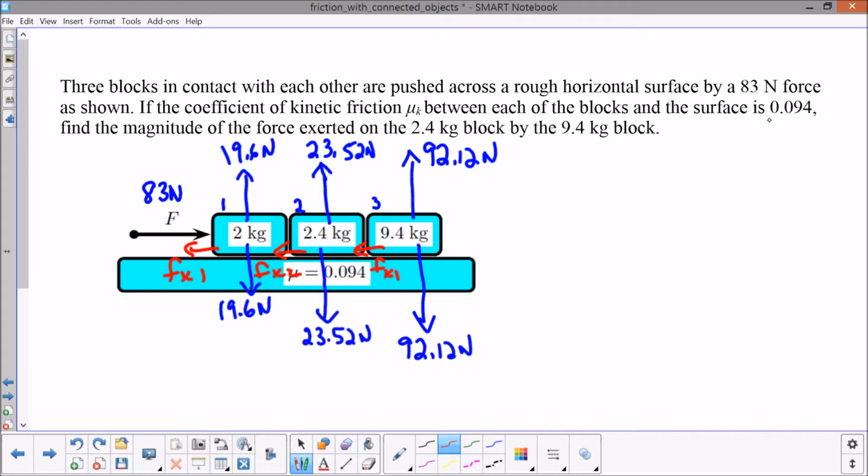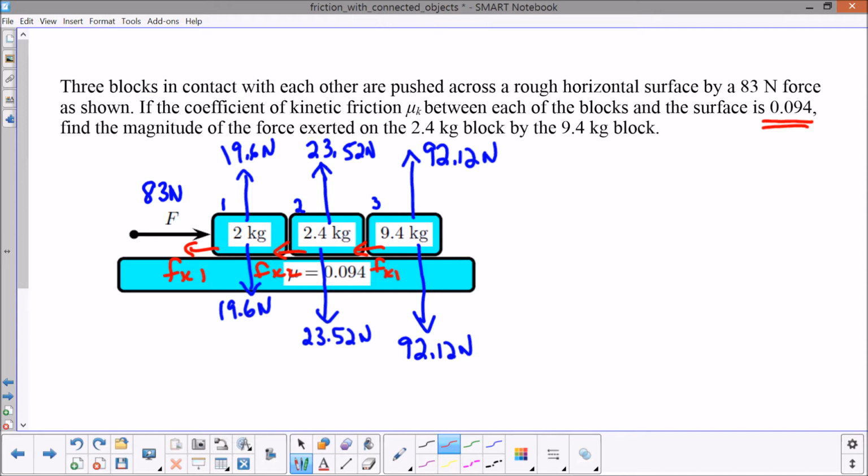Again, in this problem, we're told that the coefficient of friction between each box and the surface is 0.094. And they're making it easy by making all of the coefficients of friction the same, where it's the same type of block in contact with the same type of ground, so it's the same roughness, same coefficient of friction, but there's no reason that it would have to be.